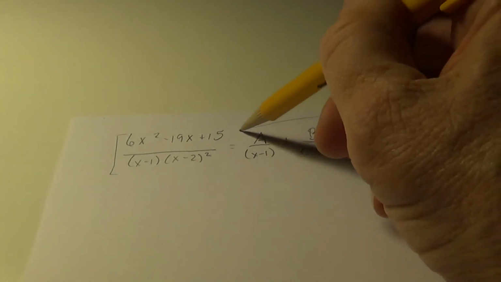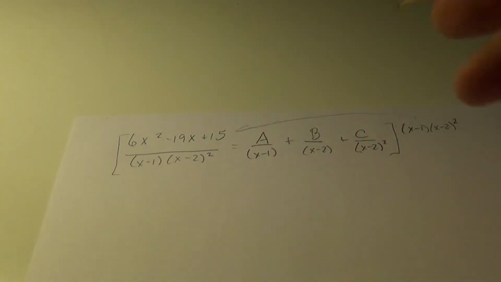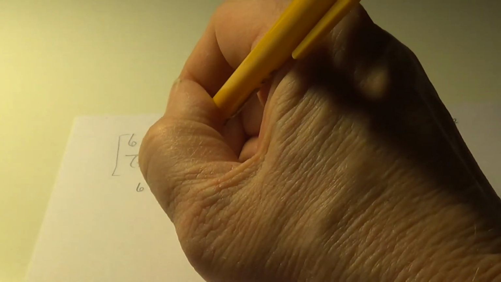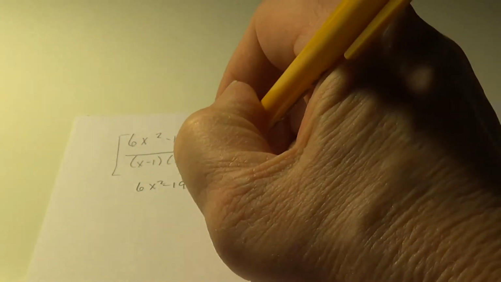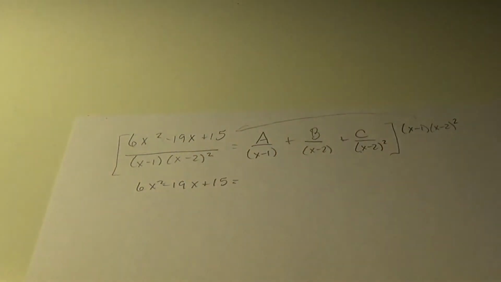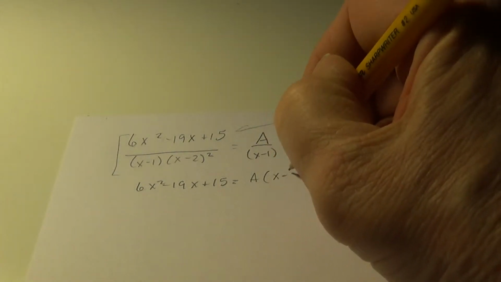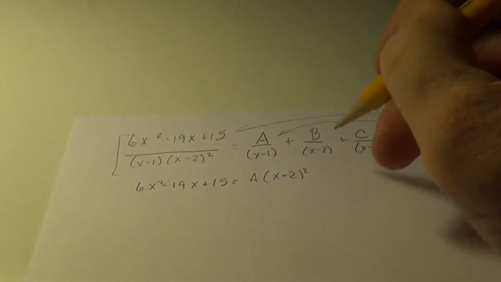When I multiply this times this, these cancel, leaving just the 6x squared, the negative 19x, and the plus 15. When I multiply this times this, the x minus 1's cancel, leaving an A and an x minus 2 quantity squared.